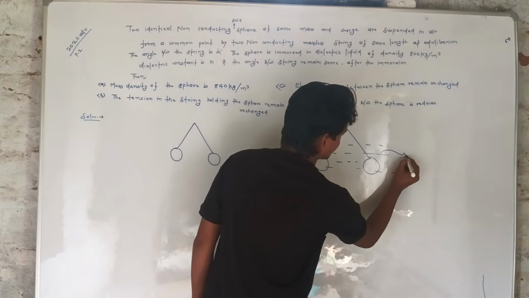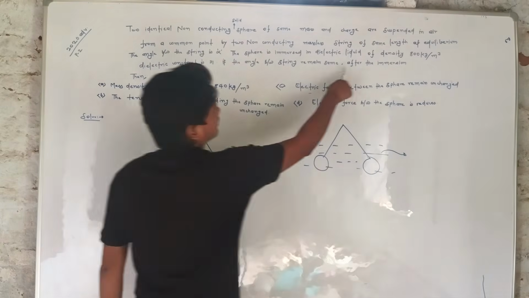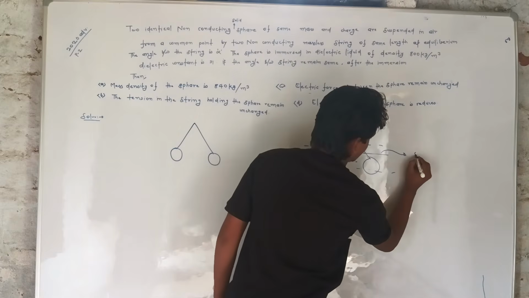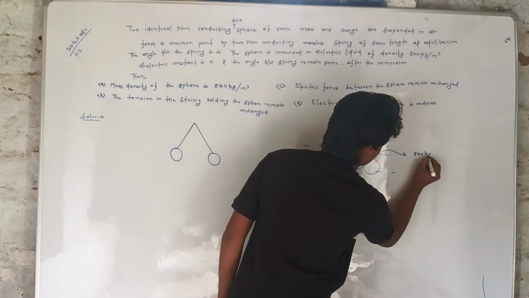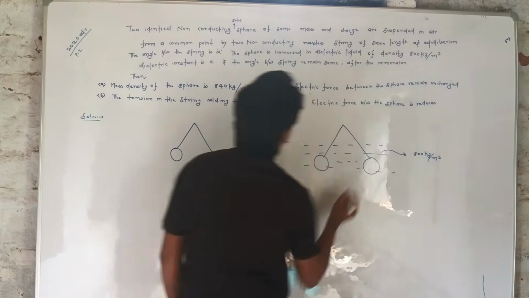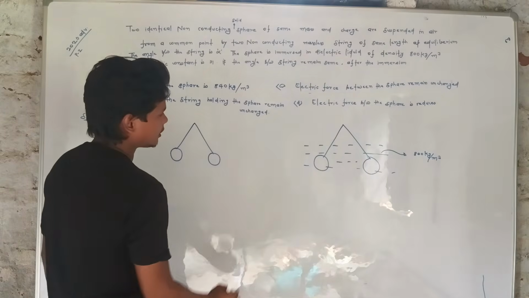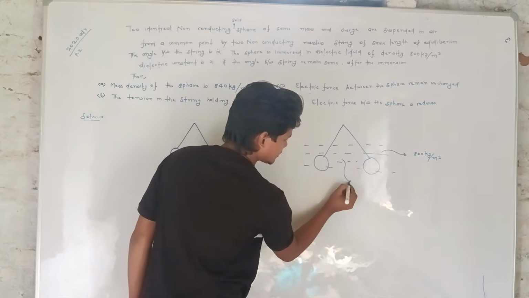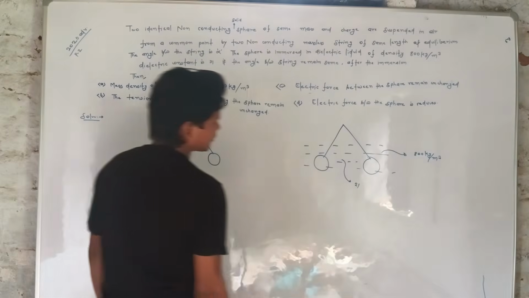The density of the liquid is given as 800 kg per metre cube, and its dielectric constant is 21.